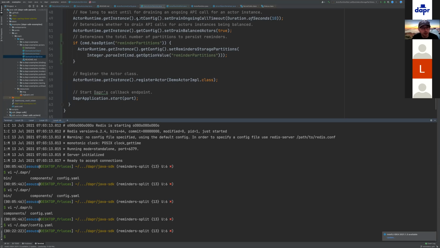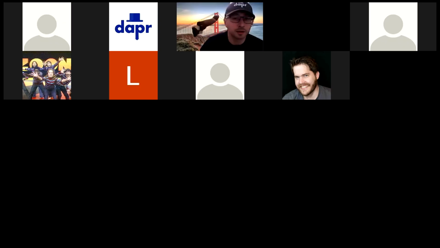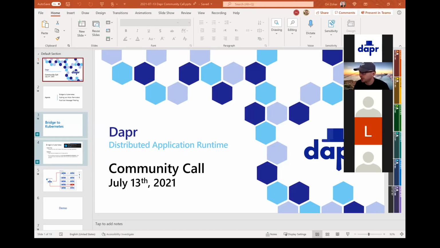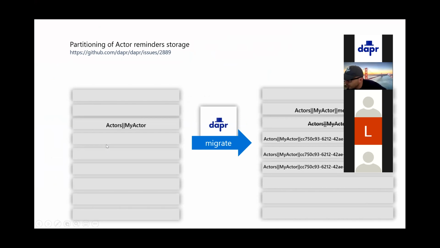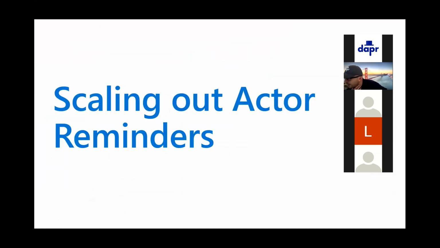Yeah, show the PowerPoint first so people can have some context. One second, please. Let me share. Okay. Yeah. So let's go. Go to scaling out. We've got to go back. Sorry, that was too much. Okay, thank you.